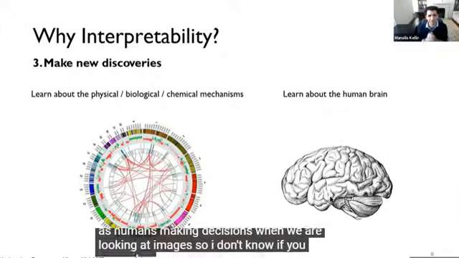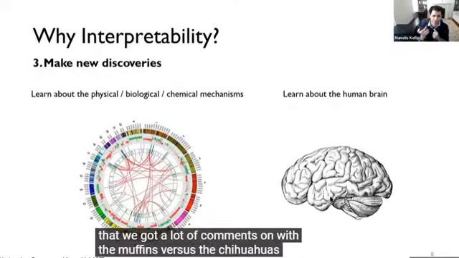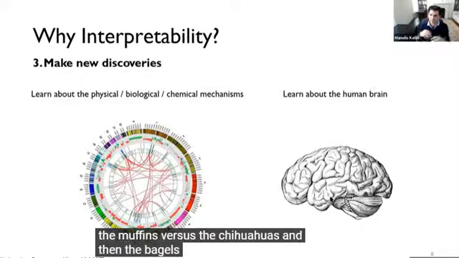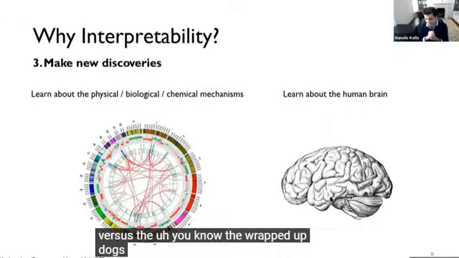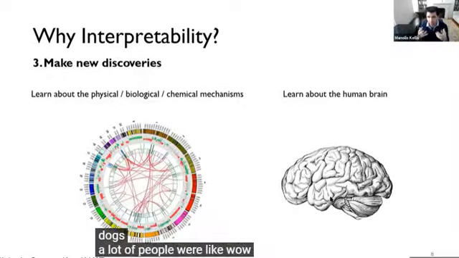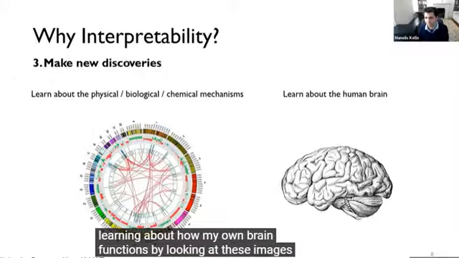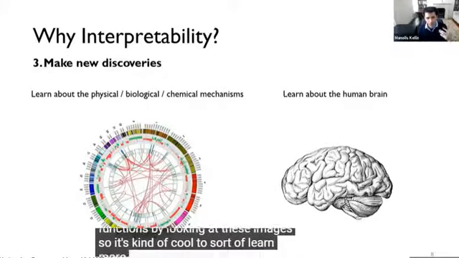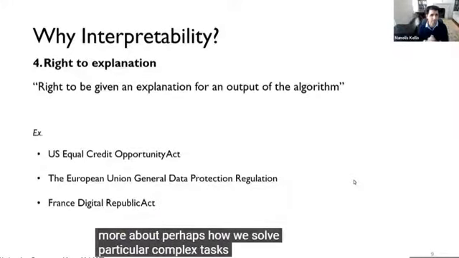I don't know if you remember those slides that we got a lot of comments on with the muffins versus the chihuahuas, and the bagels versus the wrapped up dogs. A lot of people were like, wow, I'm learning about how my own brain functions by looking at these images. So it's kind of cool to learn more about perhaps how we solve particular complex tasks.